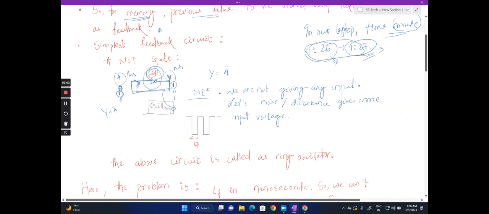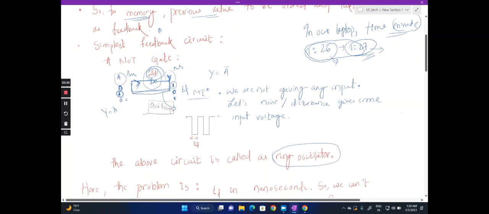After Y appears, as it is short circuited, 1 will come to the input side A, and for 1 we will get 0 after a TD time, and that 0 is transmitted to A. For 0 again we will get 1, and this cycle will be repeated. This is called a ring oscillator, as the value oscillates over a cycle.